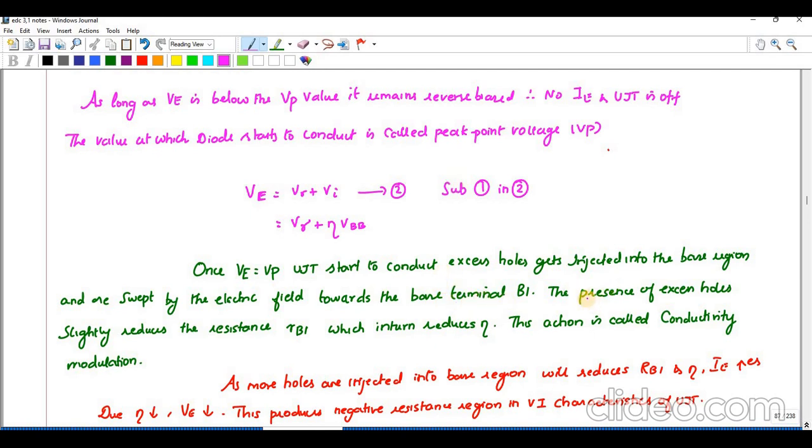The presence of excess holes slightly reduces the resistance RB1, which in turn reduces the intrinsic standoff ratio. This action is called conductivity modulation.